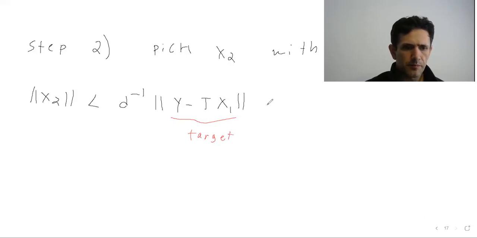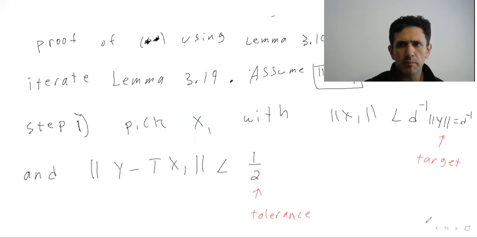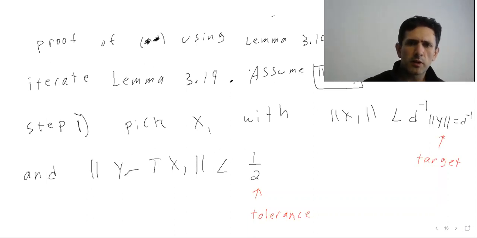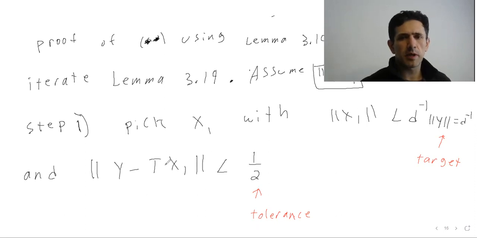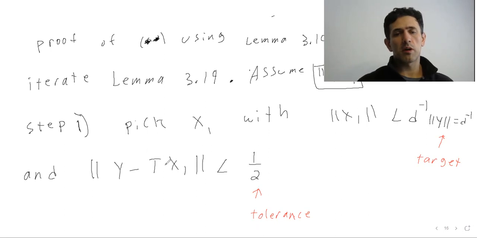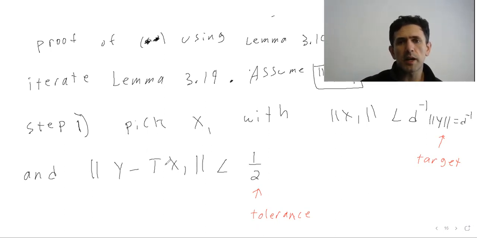The beauty here is that whatever you get inside the norm, if you keep setting that to be your new target, you have a nice bound for the norm of the x that you pick. In particular, this is less than 1/2.